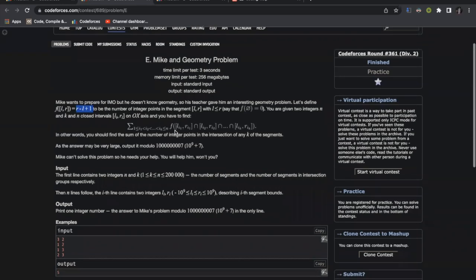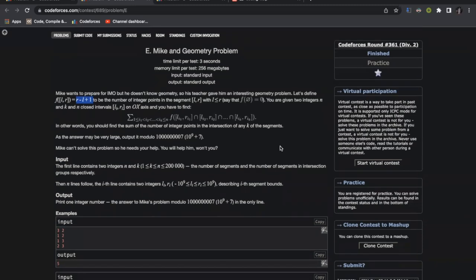In other words, we should find the sum of the number of integer points in the intersection of any k segments. So out of all the nCk subsets of size k, we have to take the intersection of all the k intervals in that subset, and then add the length of that intersection to our answer. Notice that in the previous problem, we just had to find the number of ways.